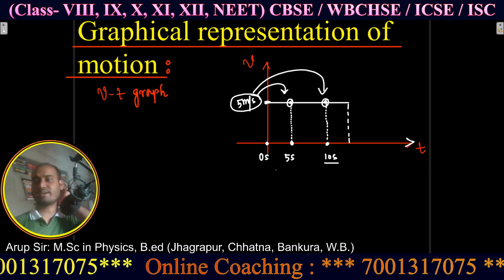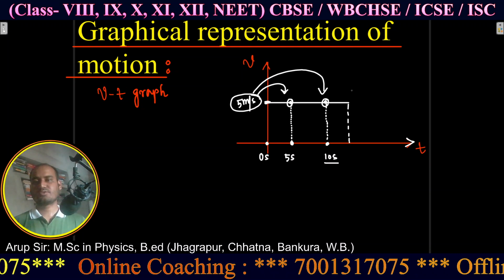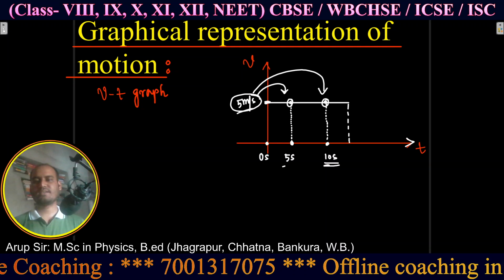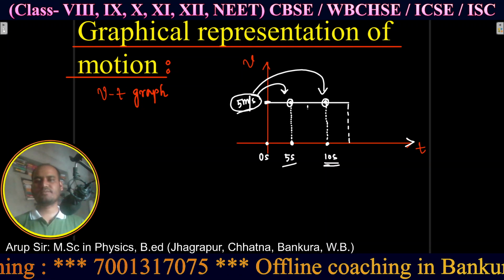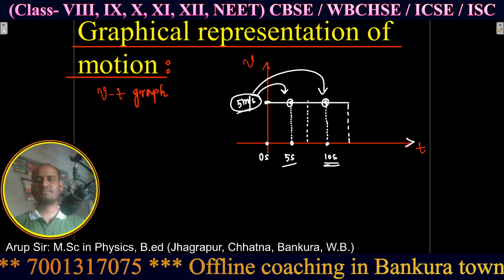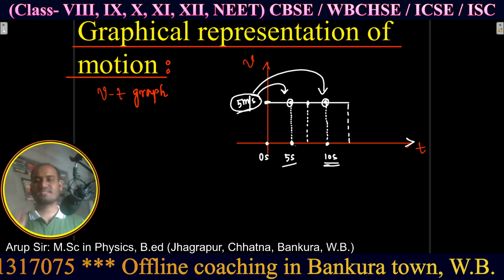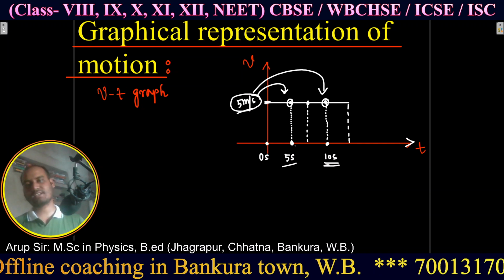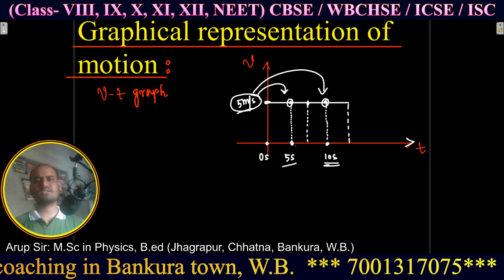So in 10 second its velocity is 5 meter per second, in 5 second also 5 meter per second. If you take any other point in between them, then also 5 meter per second. Means its velocity is not changing with time. I am increasing time, I am decreasing time, but velocity is not changing.